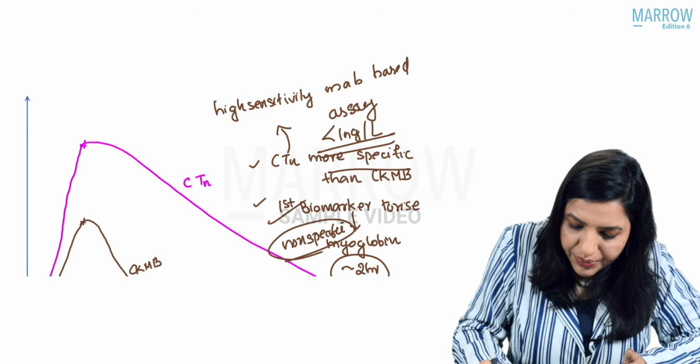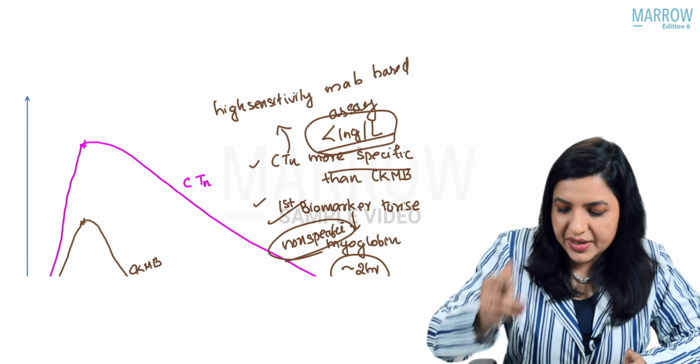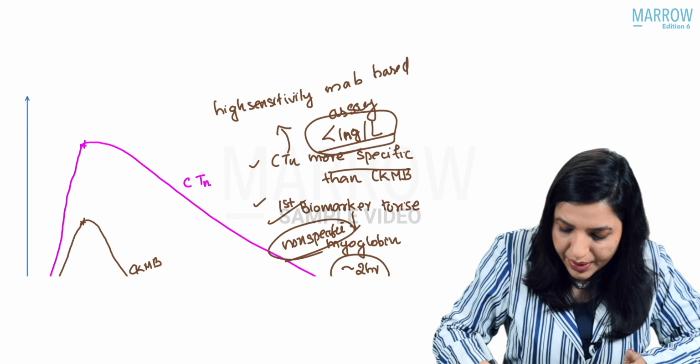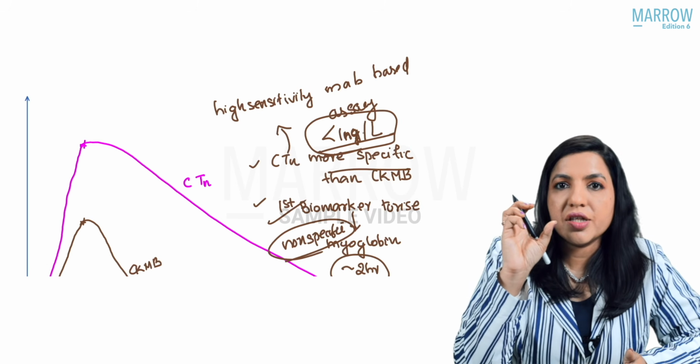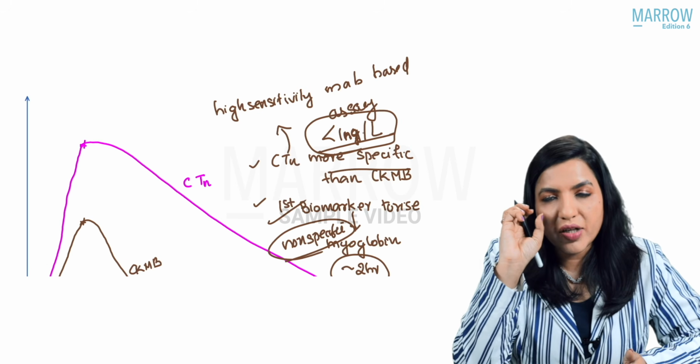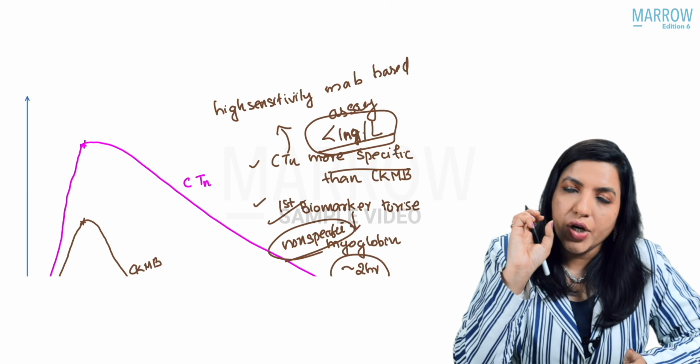So even if the presence is very small, less than a nanogram per liter, it can detect it. So that is the importance of knowing the high sensitivity monoclonal antibody based assay for cardiac troponins.